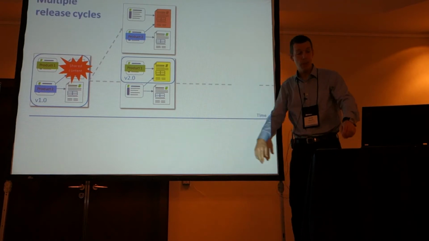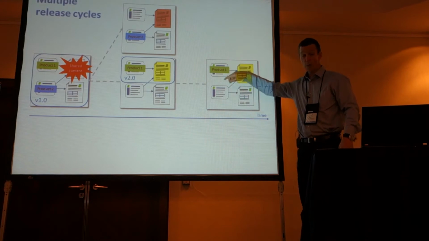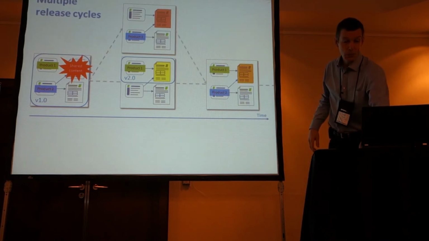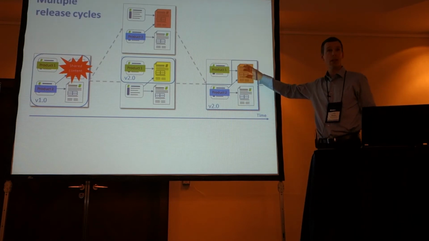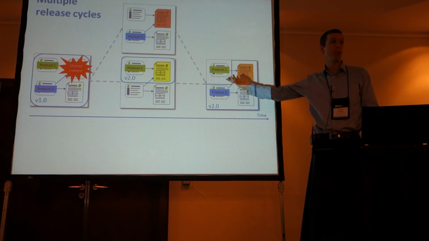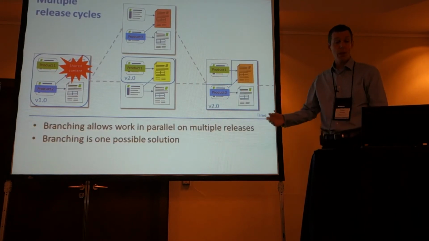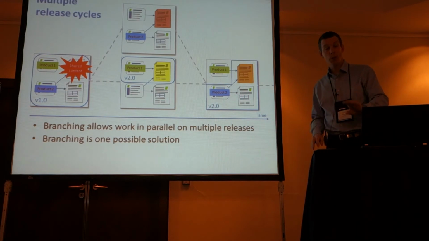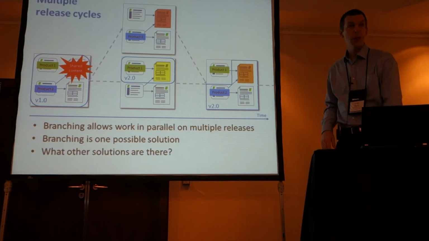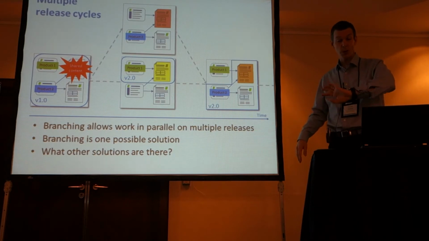Then at a later date, once that release is done, we can merge in these changes, if they're compatible, and then we can do the V2 release for product 2. So you can manage that with branching and merging, and work in parallel on multiple releases. It's one possible solution, but it's probably not the best solution. So the question here is, what other solutions are there?